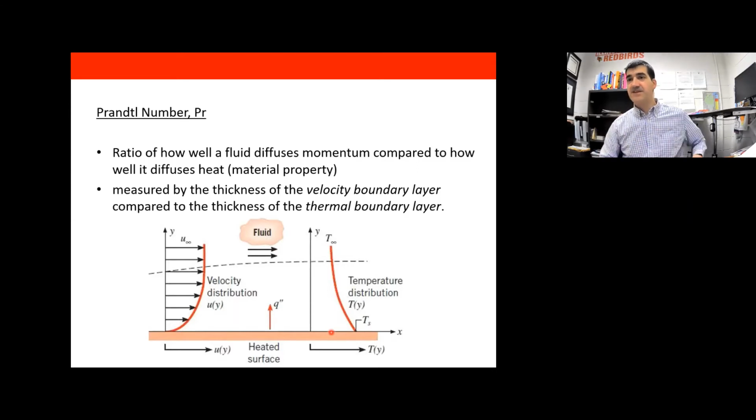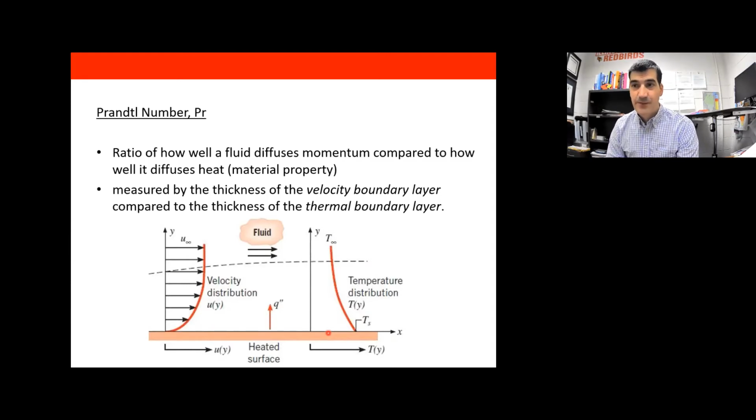And the nice thing about this is that you don't have to do these calculations. We're not going to do calculations where you have to calculate the boundary layer for velocity, and you don't have to calculate this. The Prandtl number is a material property.